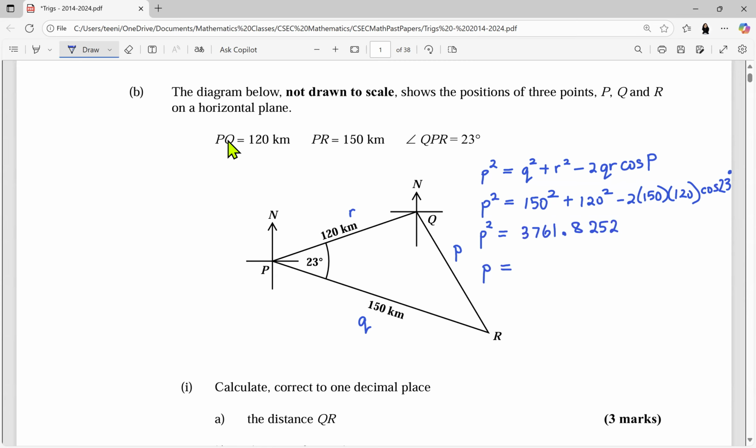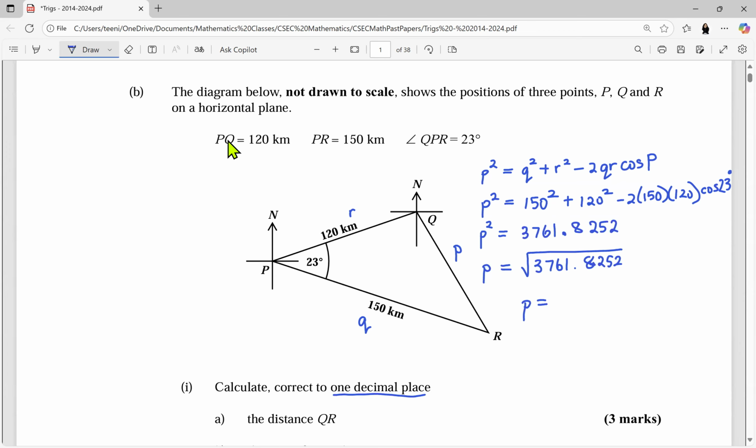Okay, good. And then we have to find the square root of that. So the square root of 3761.8252. What you do is leave the answer on your calculator and then just press square root, equals, and you'll get the answer. We have to take this answer to one decimal place.